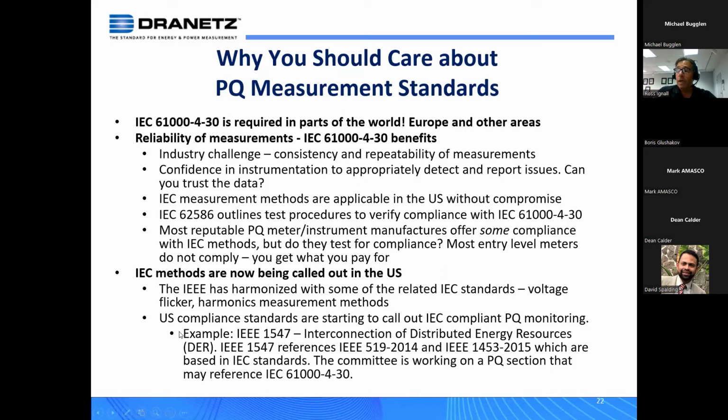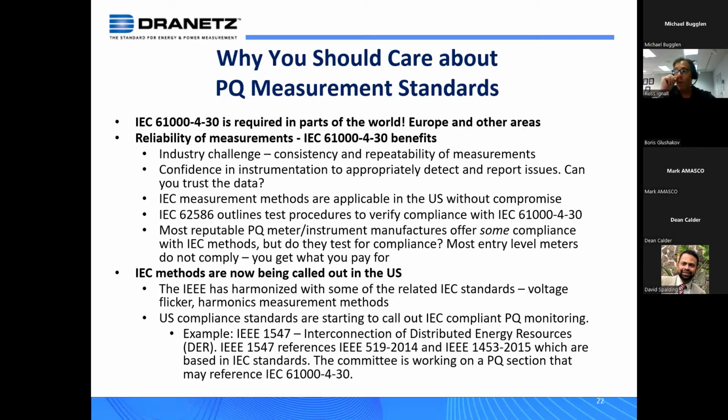Another reason is some of the compliance standards are starting to call these out for the measurement of power quality. One example is IEEE 1547, which is intended for DERs, or distributed energy resources, and that is starting to reference the harmonic and power quality measurements included in modern PV, wind, or whatever DER system.